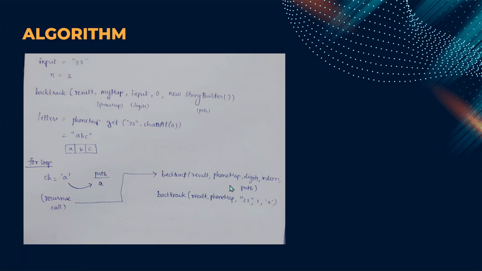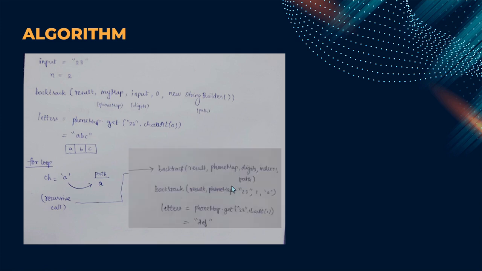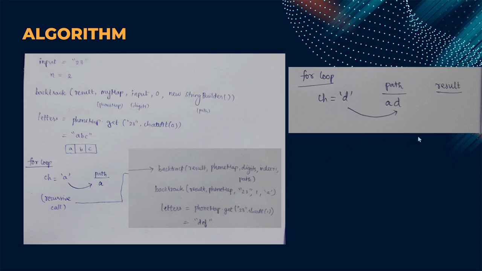Once a recursive call is made, again letters is going to get the string corresponding to the digit present at position 1 in the string 2, 3. That is, 3 is the digit that we are going to process now, and 3 corresponds to DEF. Again, a for loop is called where it is getting added to the existing path. The existing path here is A.